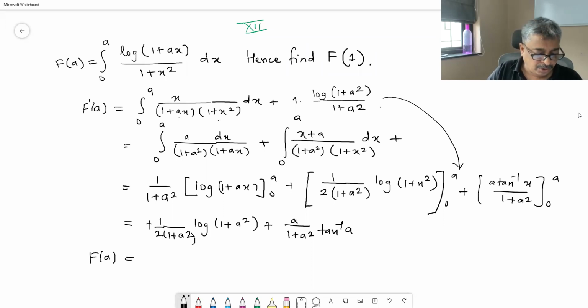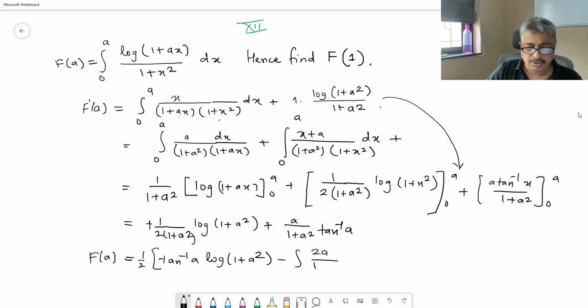So the first function will be your log function, and therefore using integration by parts, you will get the integral of F of a as half inside bracket tan inverse a log(1 plus a square) minus integral 2a upon (1 plus a square) tan inverse a da.